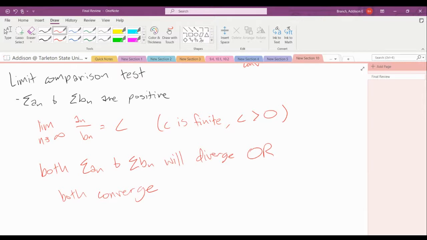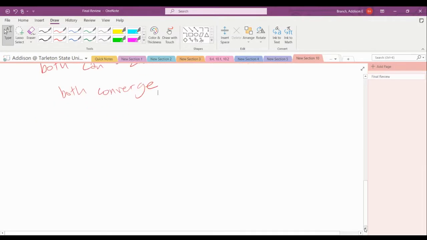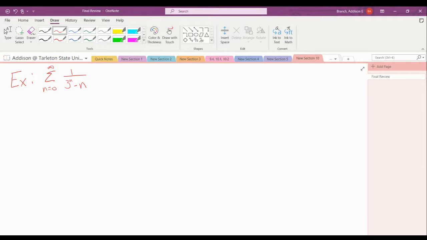So let's go ahead and do an example with this one as well. For this one, we have our series from n equals 0 to infinity of 1 over 3 to the n minus n. If we just look at this right now, it's not really something we can easily mess with.